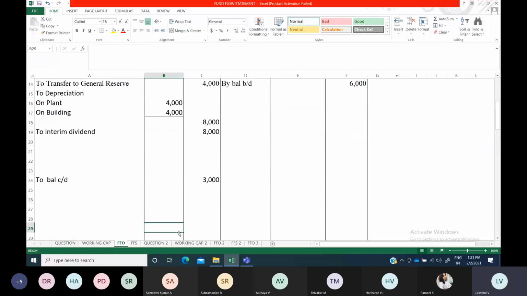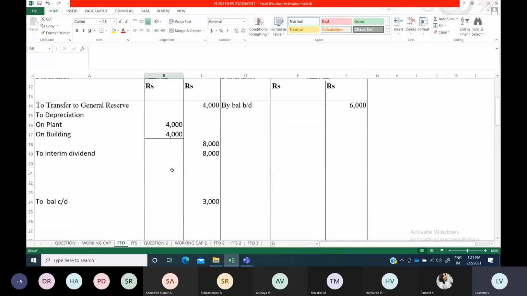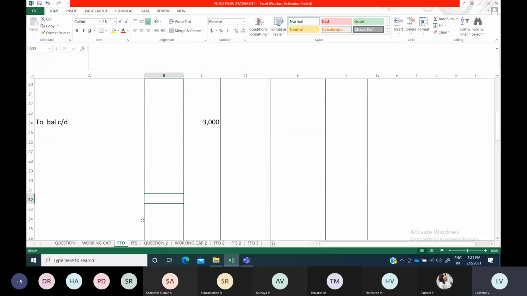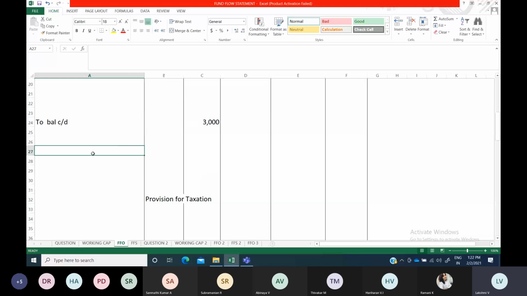We can prepare the provision for taxation account and then come back to the adjusted P&L account and close it. Use the same format as the ledger accounts: debit side on the left, credit side on the right.